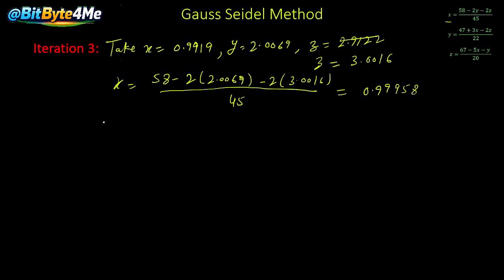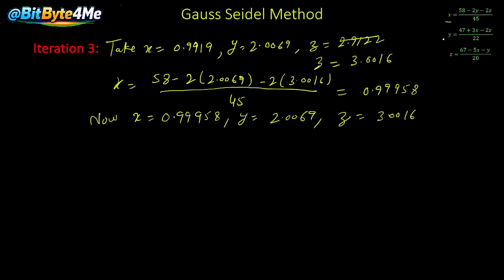0.99958. So now our values will be x is equal to 0.99958 and y is same, 2.0069, z is same, 3.0016. So these are the values.